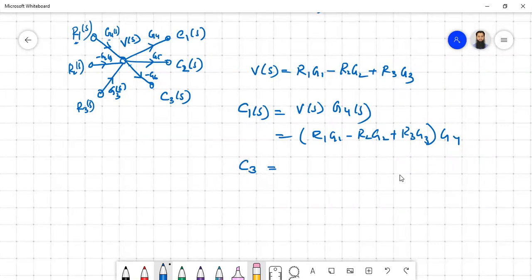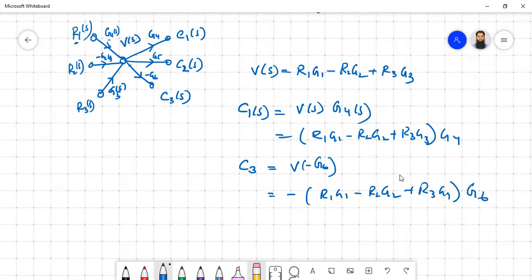C3 will be V multiplied by minus G6. So you will have a minus sign: R1 G1 minus R2 G2 plus R3 G3, into G6. This is how you find the output lines. The idea is very, very simple.